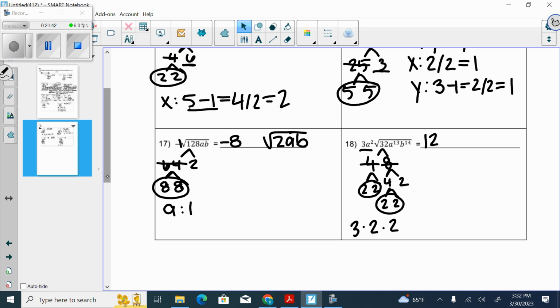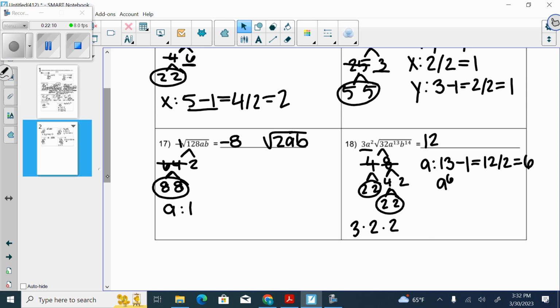So for A, my exponent is 13. Even or odd? Odd. So what do I do first? Subtract 1, and then divide by 2. And what do we get? 6. All right, so I get to take out A to the 6th, okay? Were there any A's already out there?